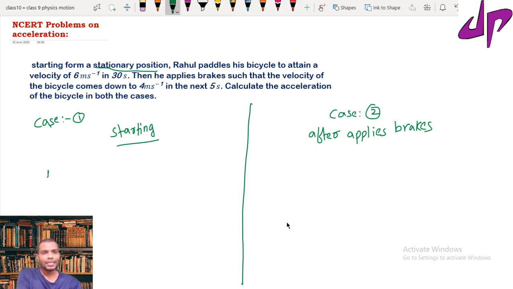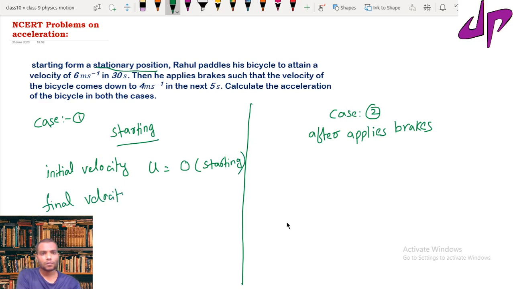So we can take initial velocity u equal to 0 because starting, and final velocity v equal to 6 meter per second, as Rahul pedals his bicycle to attain a velocity of 6 meter per second, and the time t equal to 30 seconds.